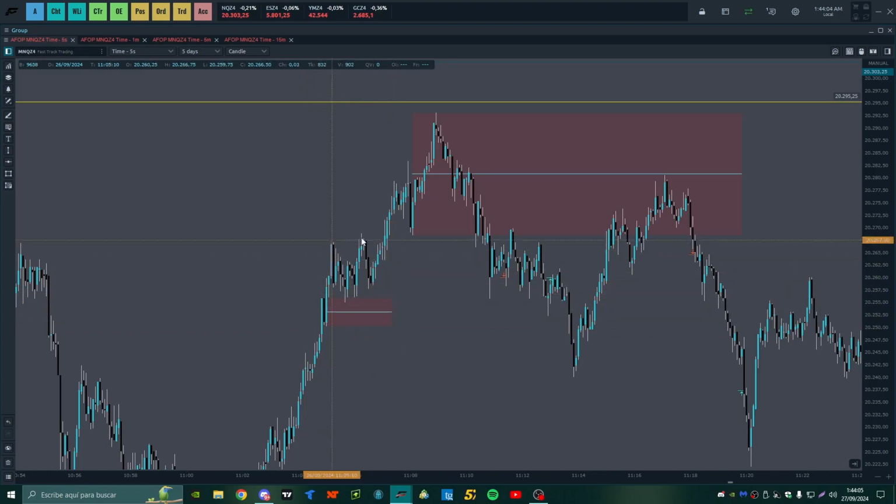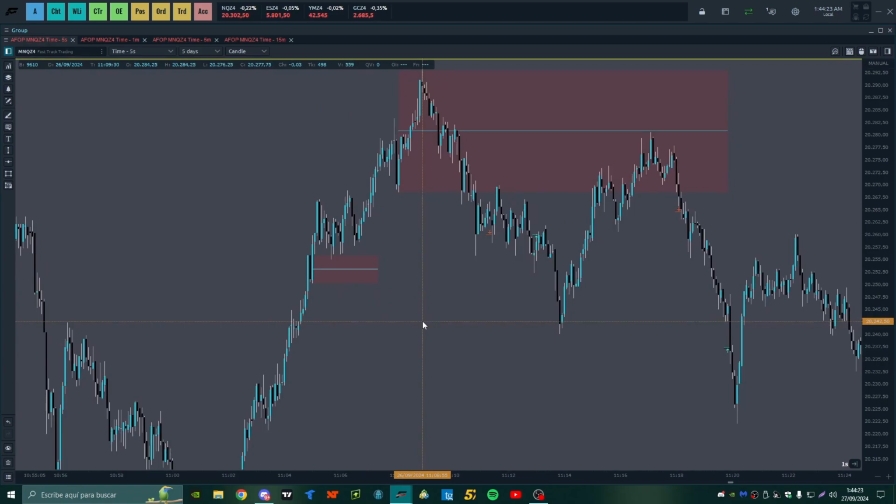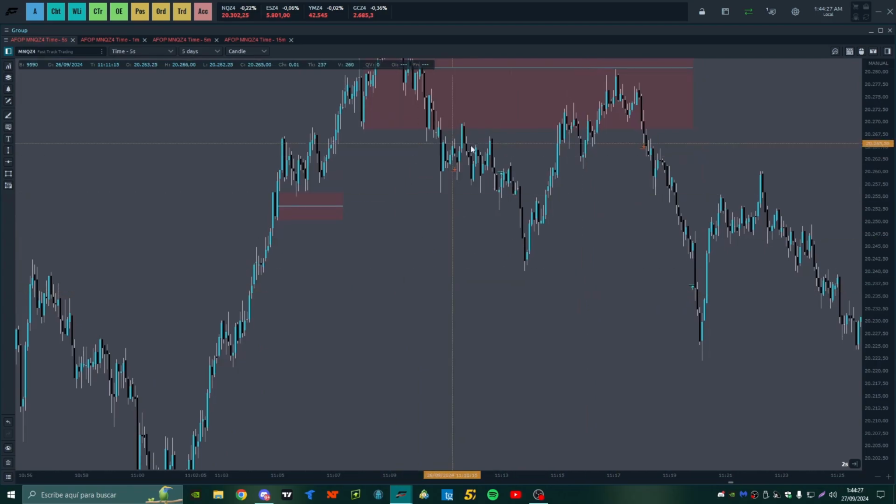We could say that something here is validated, whether it's this whole area or this small fractal, there's something here. So, the fact that the price arrives, tries to make a double bottom, and doesn't do it, on the contrary, ends up taking all that out, gives me an indication that there are still targets below.